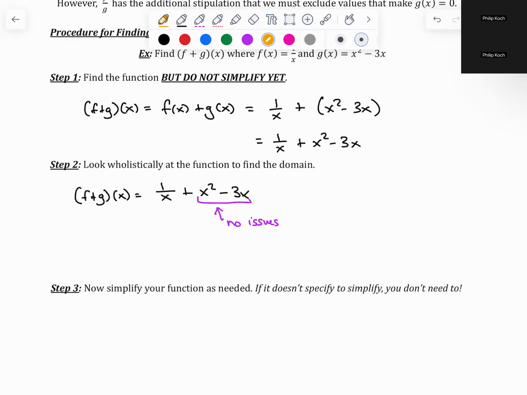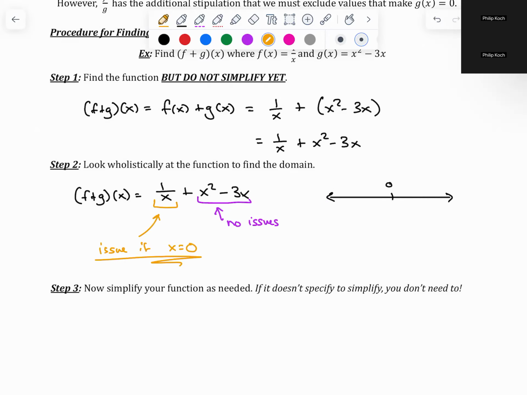The next thing is this portion. And this one, we have an issue if x equals 0. So looking at a number line to visualize this, normally I won't draw it nowadays, but I just want to use the color to illustrate. The function f had the condition that we cannot equal 0.